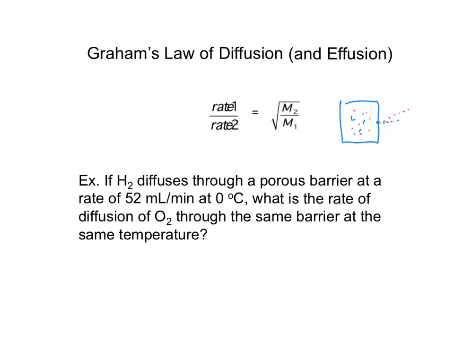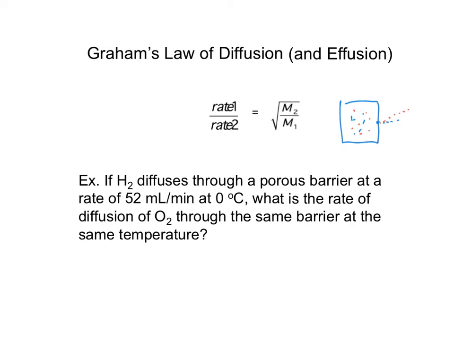So this equation is telling us that the rate of, we can make molar mass 1 smaller than molar mass 2, so the lighter molecules will come out at a rate that's higher than the heavier molecules. That's the idea here. And you can derive it from that last equation, but let's not bother with that.